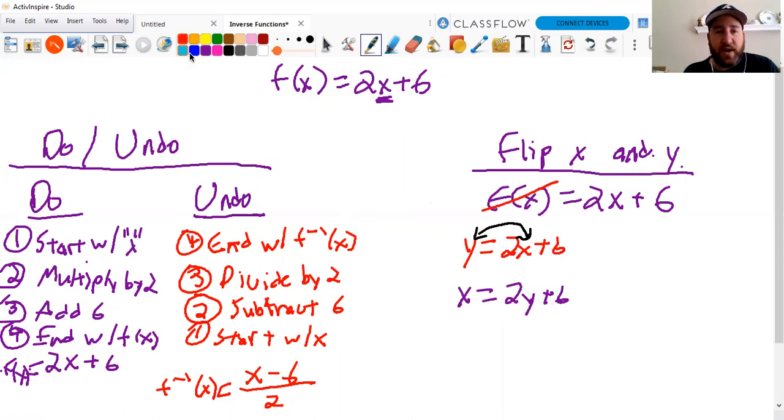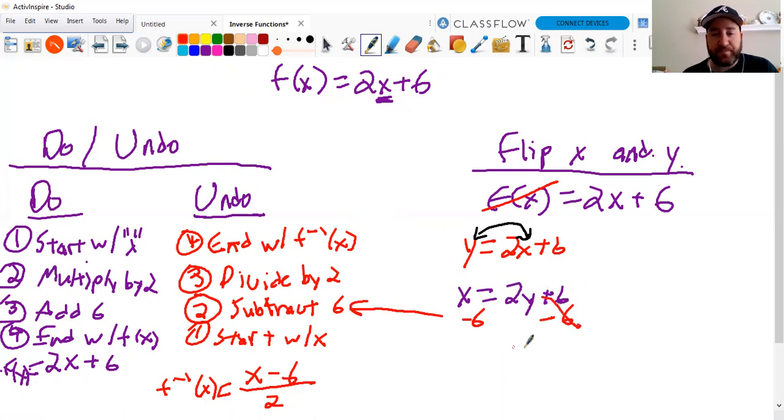So now I'm going to solve for y. Again, if we're applying our algebra principles, I got to get whatever has the y in it by itself, and then deal with whatever's attached to it. So I got to get rid of the 6 first. So I'm going to subtract 6. Again, if I look over here, that was my first step.